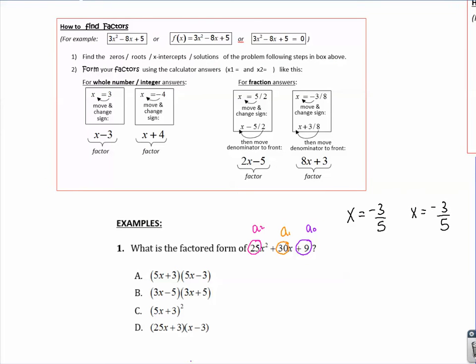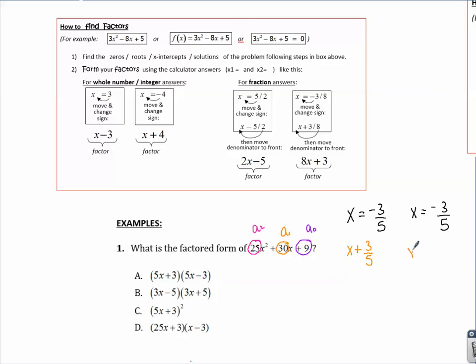Once we found our zeros, we can write our factors. To write our factors, we need to move and change the sign. Since x equals negative 3 over 5, I'm going to move it and change the sign. So now I have x plus 3 over 5.